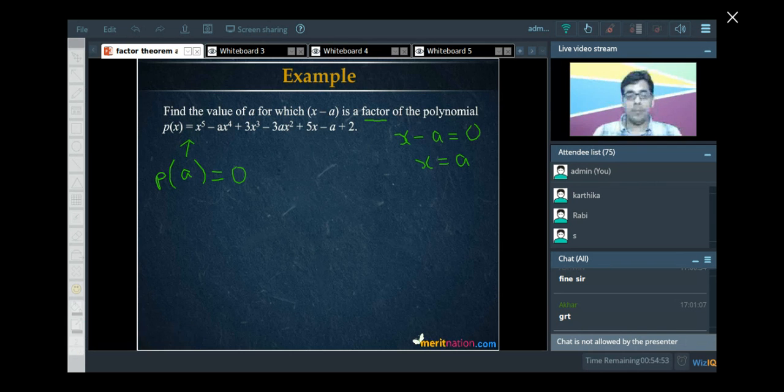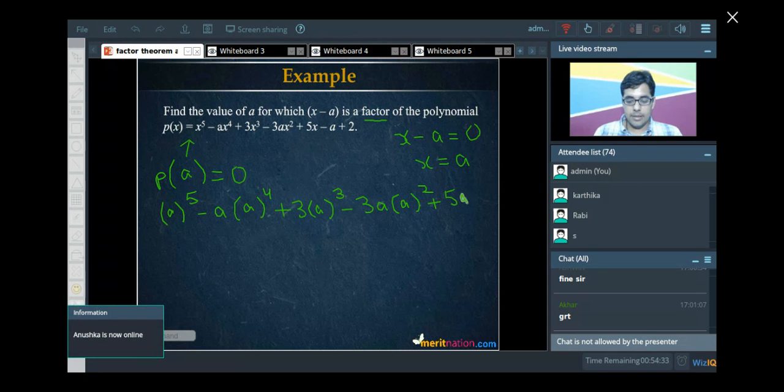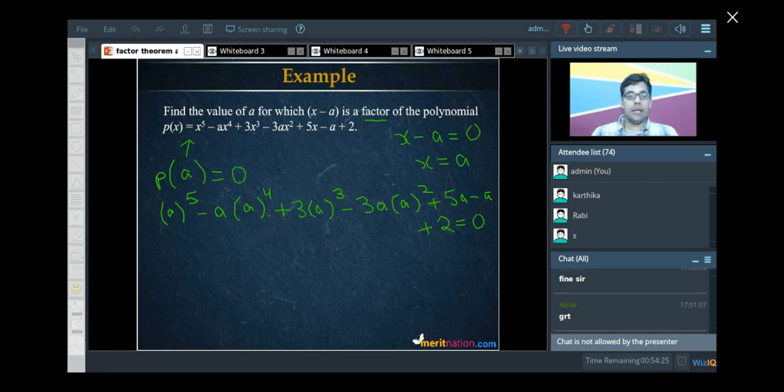So it will become now a to the power 5, then minus a to the power 4 plus 3a cube, then minus 3a square plus 5a minus a plus 2 equals 0. Now we have a to the power 5 minus a to the power 5.